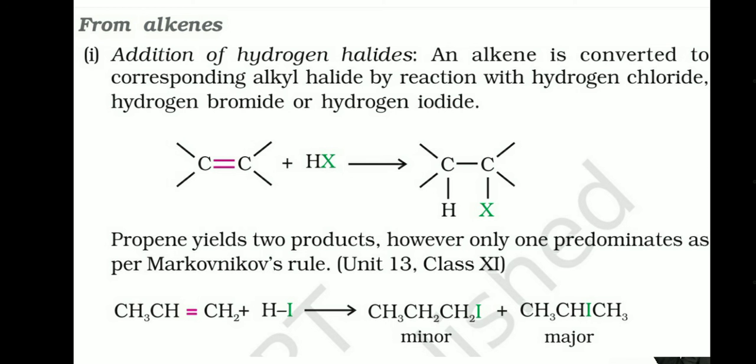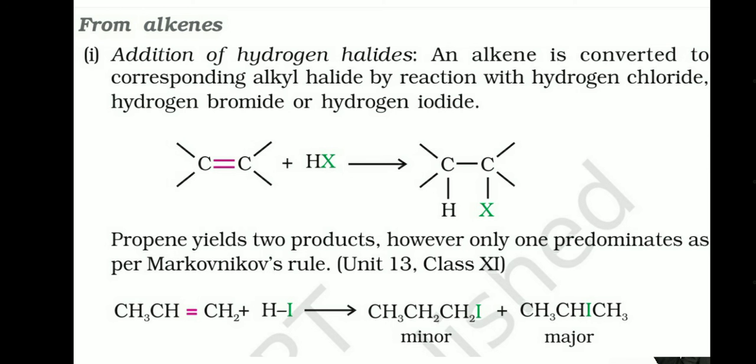Here is one example. When propene reacts with hydrogen iodide, the propene yields two products, one major product and one minor product. Earlier I already said that the major product always follows Markovnikov's rule.